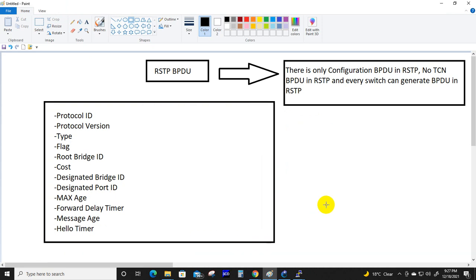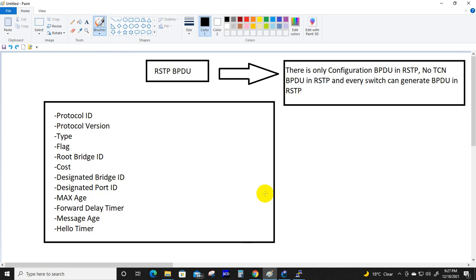Okay. So first of all, you have to remember in STP, the max age timer is 20 seconds.